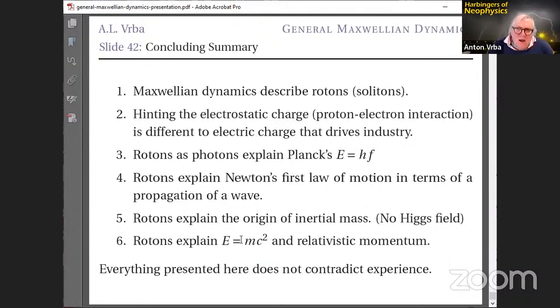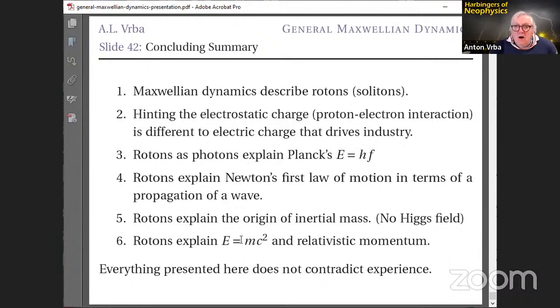Nobody has said why Newton's first law of motion is true, and this is actually how this study all started many years ago. I said momentum has to be a wave, because a wave is the only mathematical description we have for something to move at a constant velocity.